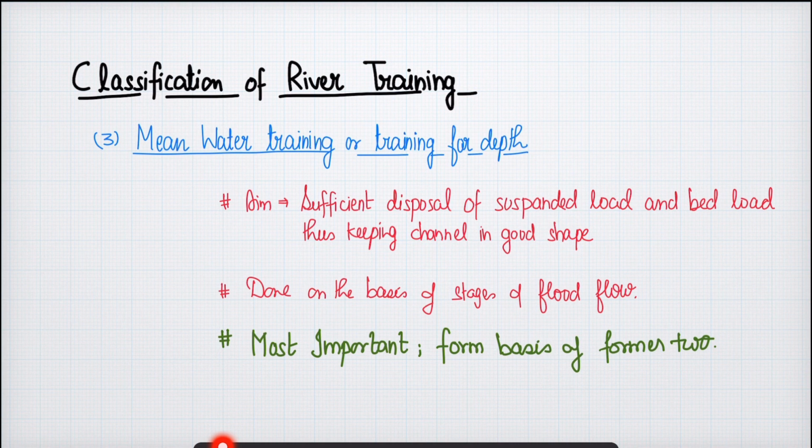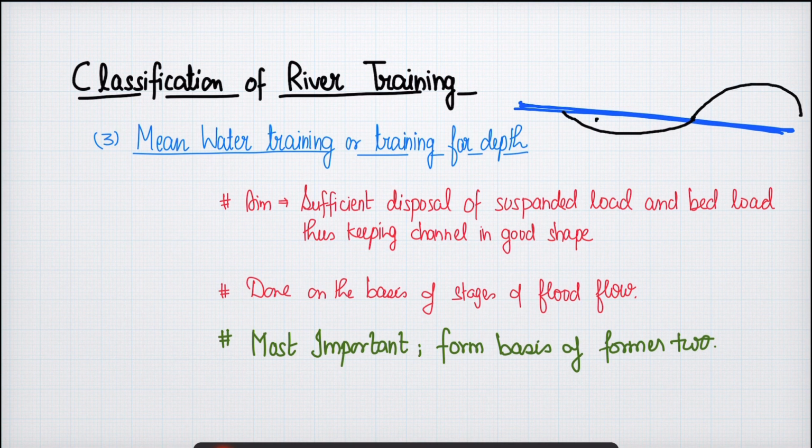The aim is this: we have discussed the silting and scouring phenomena over and over. No matter how efficiently you design a channel, there will always be scouring of the bed and silting of the bed. That is, sediments will be scoured and deposited because of the movement of water in the river.